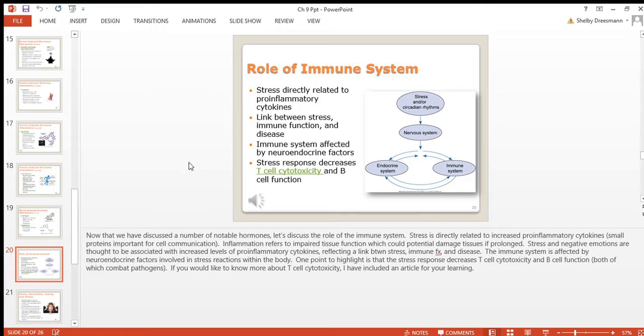One point to highlight is that stress response decreases T cell cytotoxicity and B cell function. Star that.